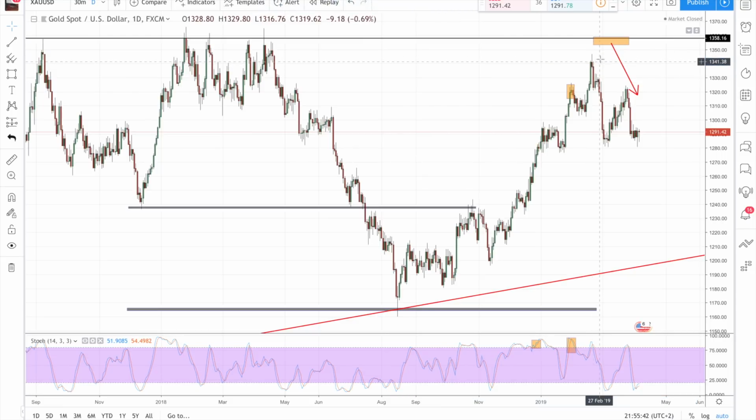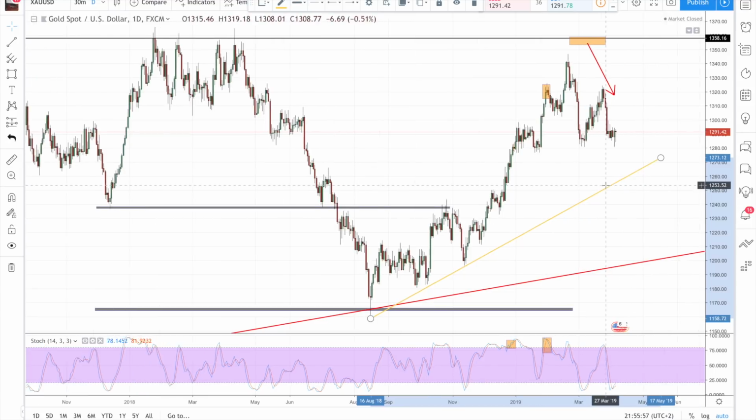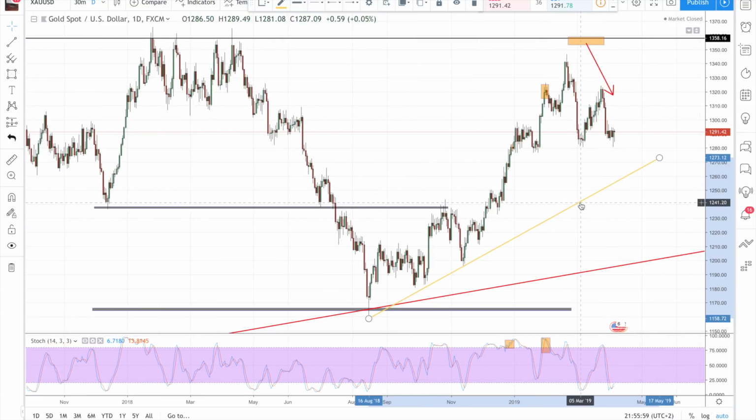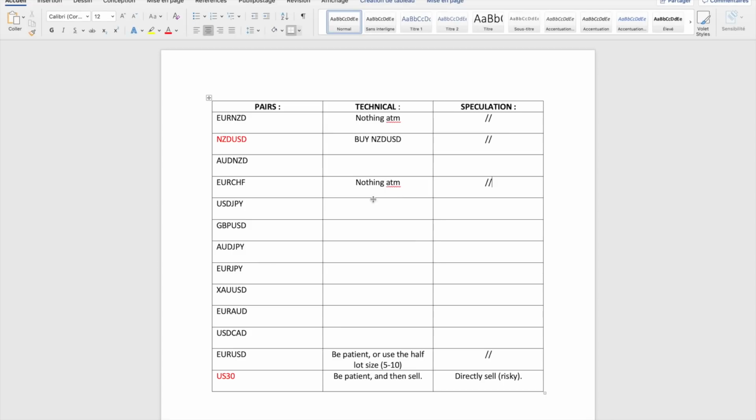The real one is over here. That's why I put the orange box. Once this level is reached, then we can easily sell XAU/USD. Then I know that some of you are drawing their daily resistance trend, but please don't do it. So XAU/USD, for me also, there is nothing at the moment.